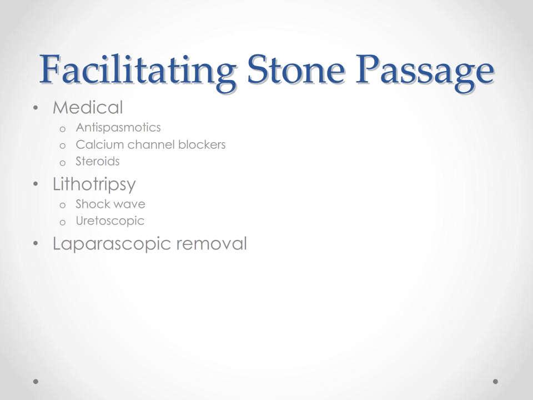Shockwave lithotripsy or ureteroscopic lithotripsy. And with ureteroscopic lithotripsy, you can use either a laser or hydraulic pulse lithotripsy. And in some rare cases, you've got to go in and get the stone with surgery.